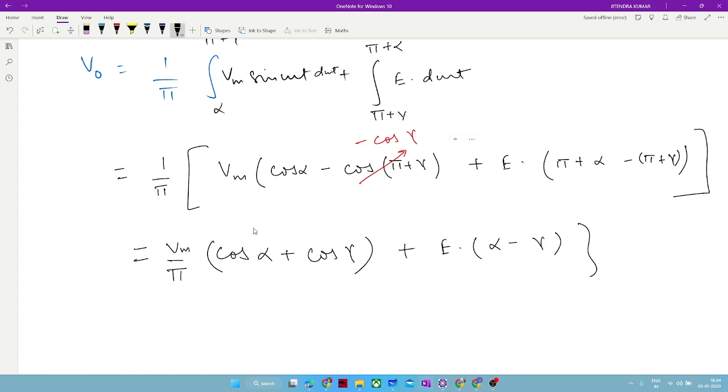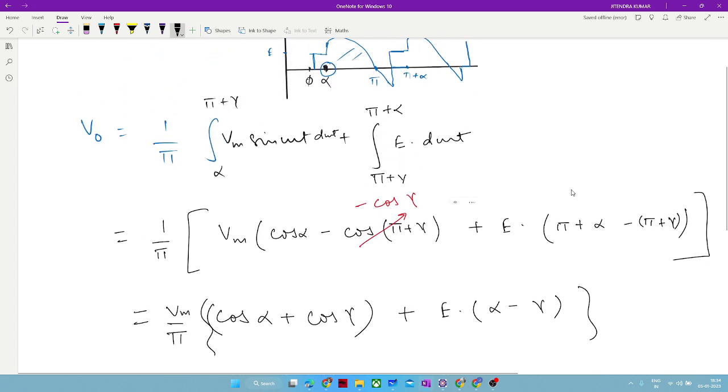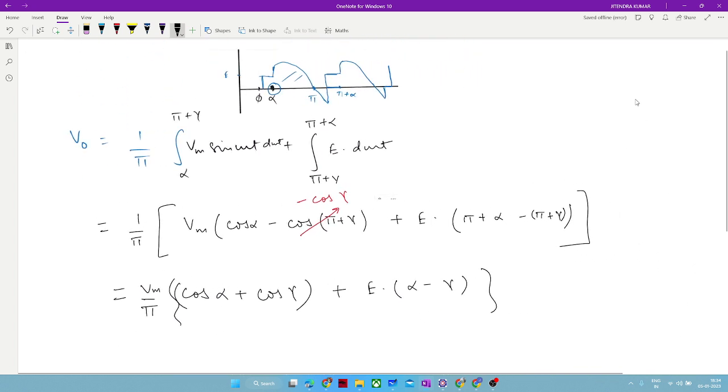So this will be your overall expression, what you will derive after looking at the waveform. You just need to be concerned about drawing the waveform. After that, everything will fall in place. So any doubt in this topic? Almost single phase controlled rectifier is finished. We will see some problems, and after that, we will be good to go.